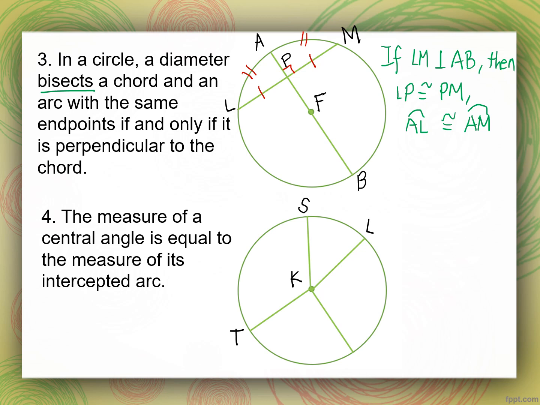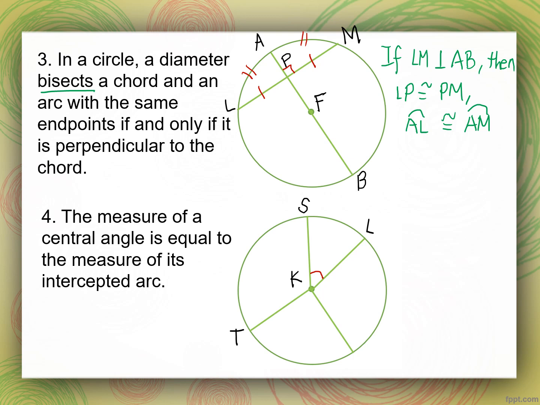The measure of a central angle is equal to the measure of its intercepted arc. So from the previous video, we already defined what an intercepted arc is. So here, let's have angle SKL. So angle SKL is a central angle, okay? And its intercepted arc is arc SL.